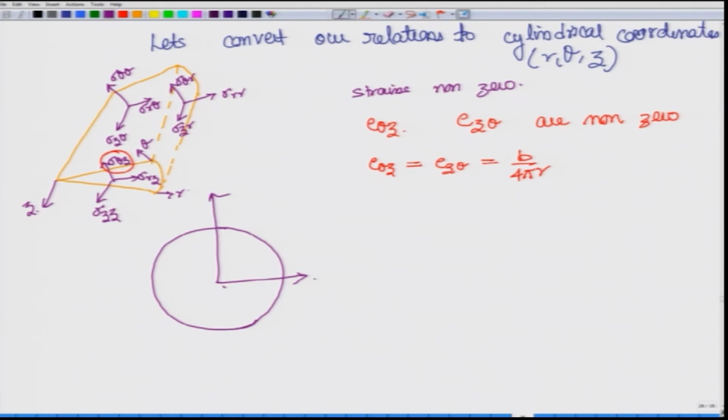So, this is our x direction and the z direction will be perpendicular to this circle that we have drawn. What we have drawn here is a circle, a section of which, with z in the z direction, is shown over here.